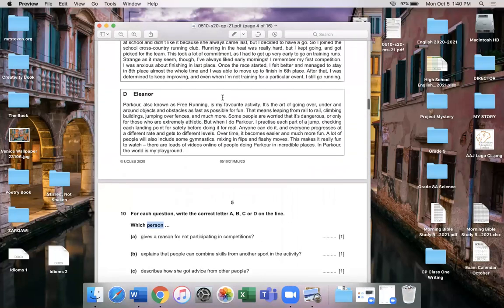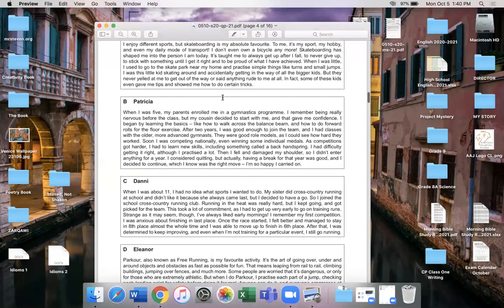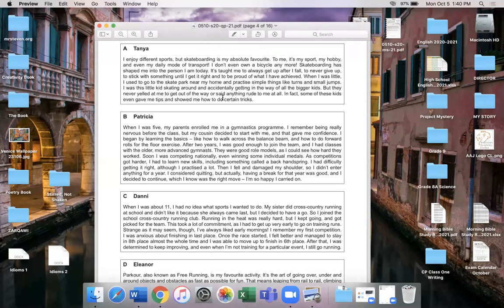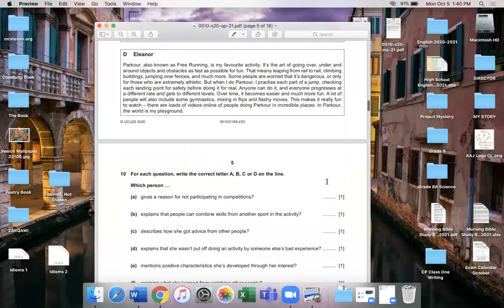Your job is to find out who fits that description. Who does that correlate or connect with? And then you're going to take that letter, if for example it was Tanya, you would simply write the letter A.